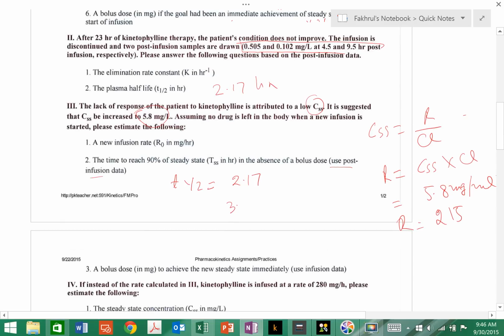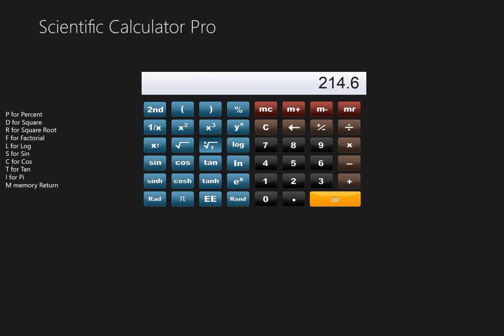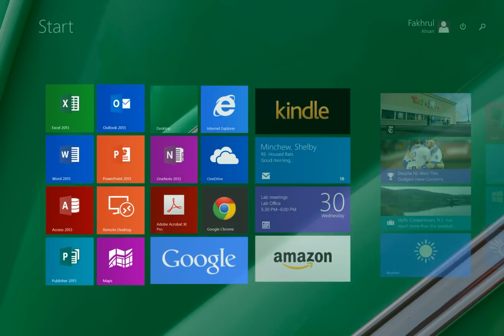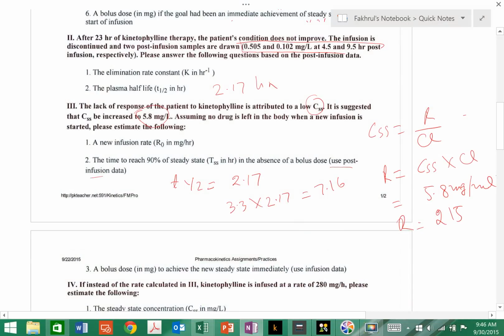So you multiply 3.3 times 2.17, and it is 7.16. Time to reach would be 7.16 hour, and this is called time to reach steady state concentration.